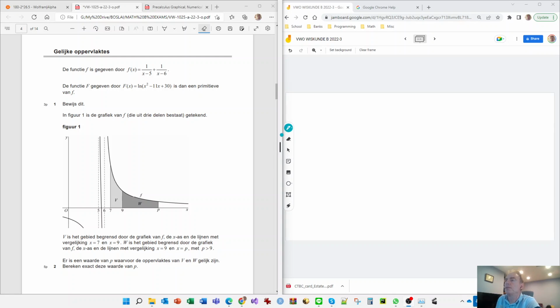Question 2. Here we have our function f, and two areas phi and w are defined beneath f, and the borders of these areas are also written down here.